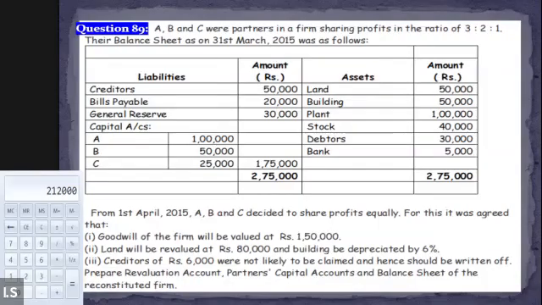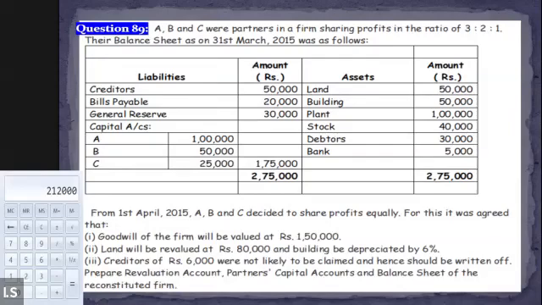1,56,000, then 71,000 and 10,500. Could you please repeat it one more time? 1,56,000. Then 71,000 and 10,500. Okay. Aman, what is the closing balance you have got? 1,56,500 and 71,000 and 35,500.